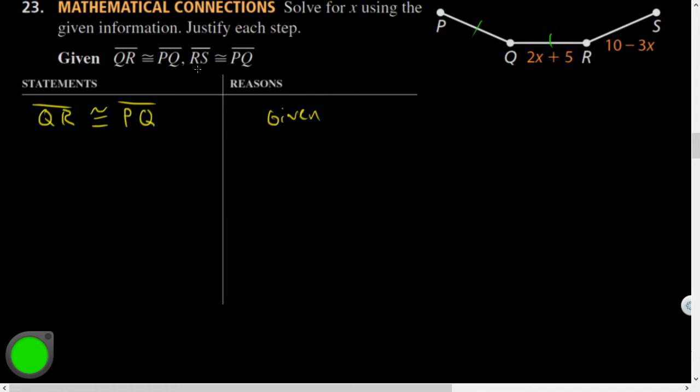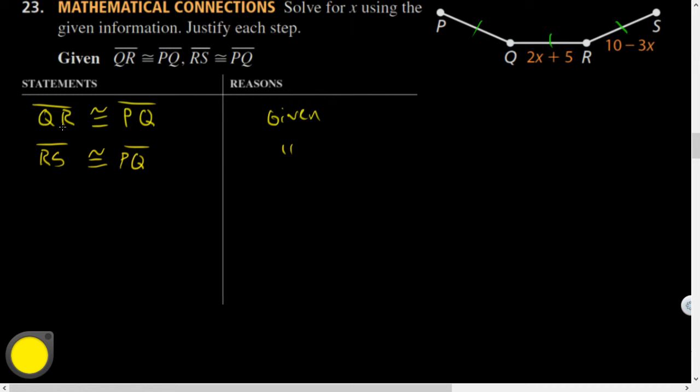And then RS is congruent to PQ. All right. So this one is congruent to PQ. And how would I be able to know that? Yeah, so this is given. I'll just write ditto.